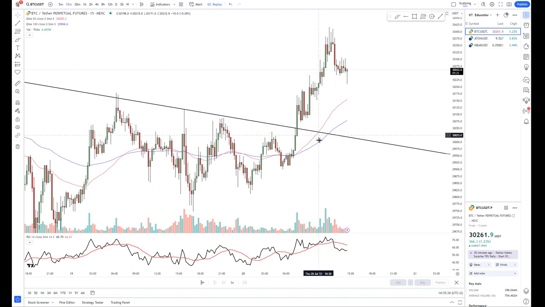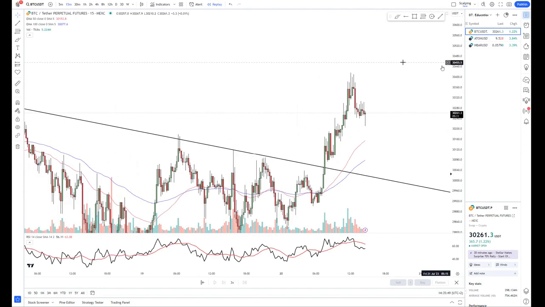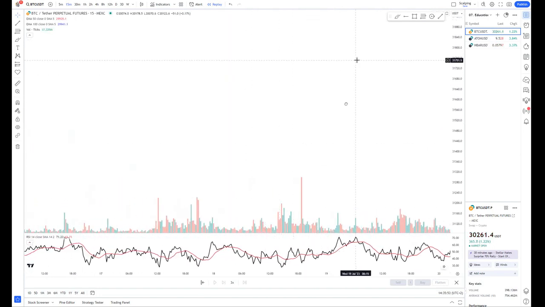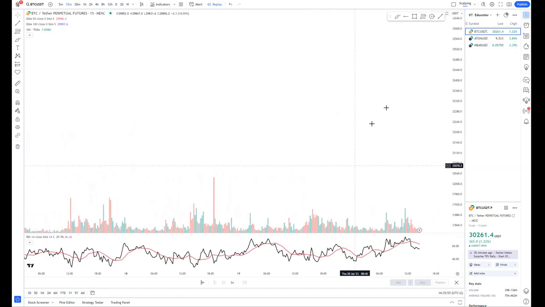So a confirmation of a breakdown candle here, a confirmation candle below, that would be a sign to close a trade. So yeah, that was in short breakout trading and breakdown trading.